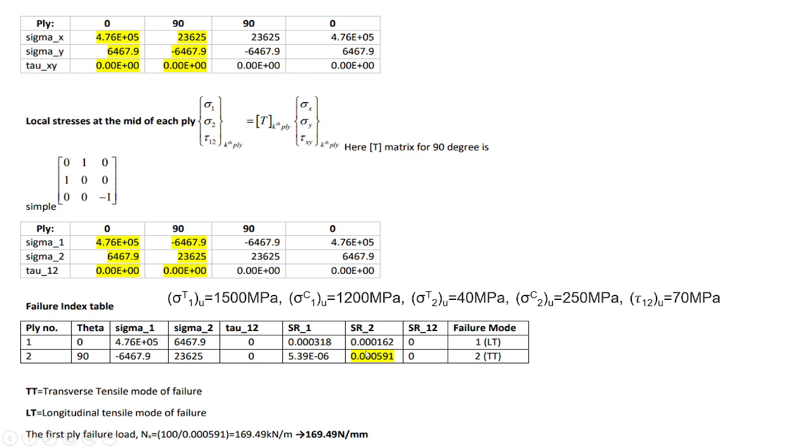For that load we are getting the stress ratio as 0.000591. So we have to find the load at which it will become 1. By using the unitary method we can find that at 169.49 Newton per mm there will be failure, that is, this stress ratio value will become 1 and the laminate will fail. The first ply to fail will be the 90 degree ply in the transverse direction.